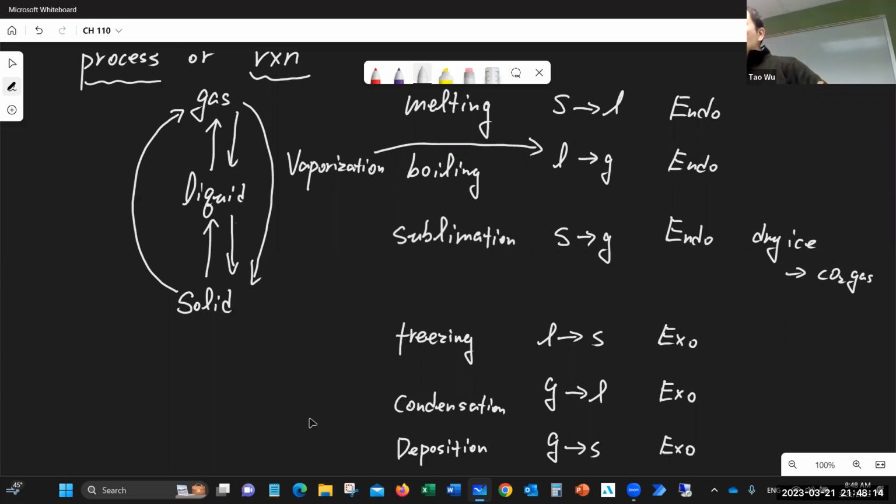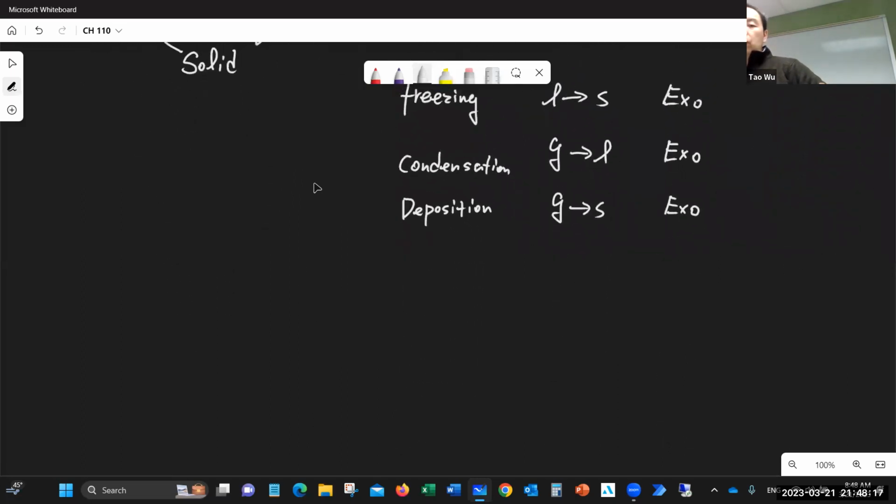But when we talk about this, sometimes I'm going to trick you. For example, what if I say cooking an egg? What kind of process is it? That's going to be endothermic because we're heating up the egg, right?